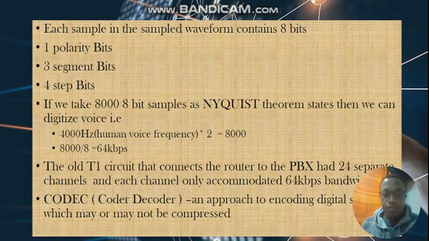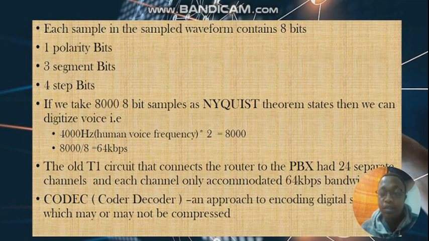Now, a coder-decoder, or a codec for short, is an approach for encoding digital sound, which may or may not be compressed. So a codec is just a way of encoding the data, so that when you're sending it over a network, you need to encode or decode this voice traffic so that you're able to send it over an IP network.